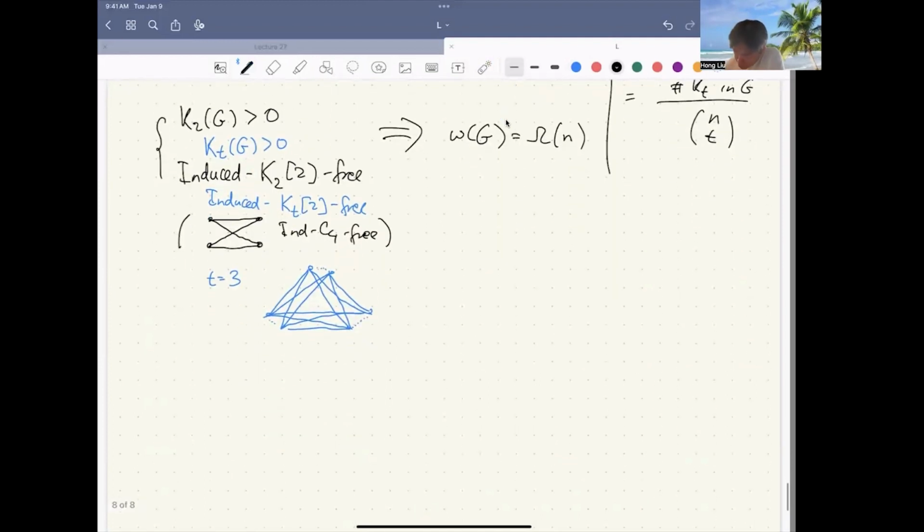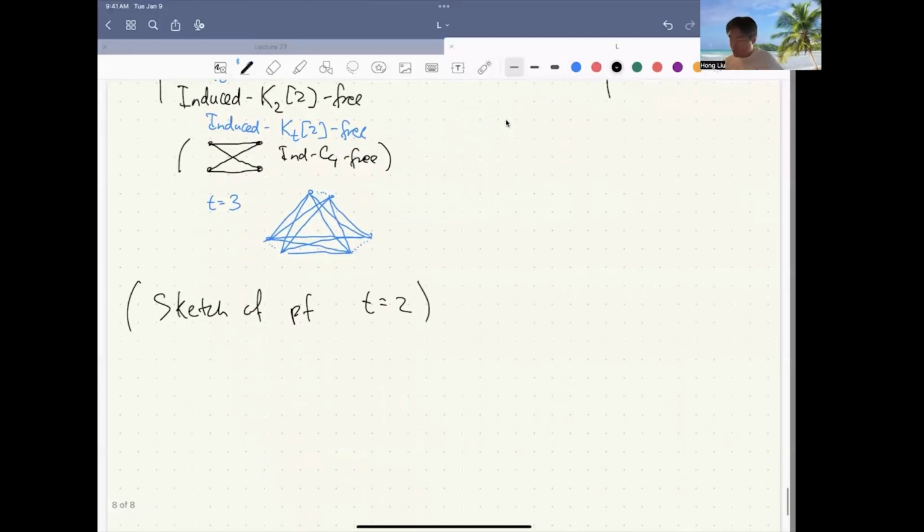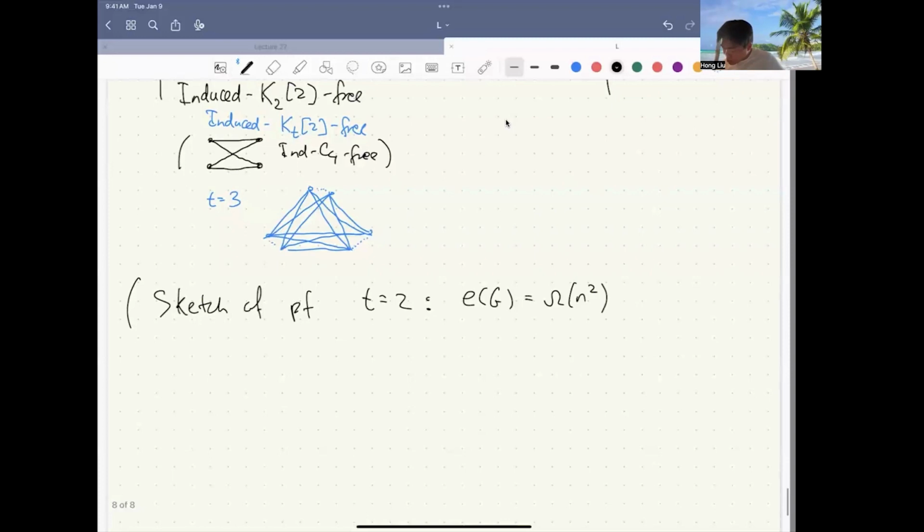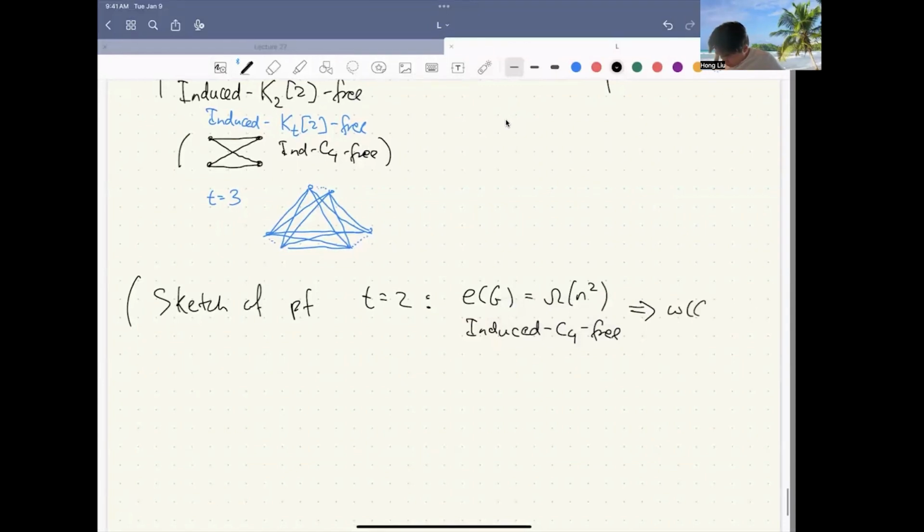I'll just do a sketch of the proof. t equal to 2, i.e., the number of edges of G is c n squared, and you're induced C4 free. You want to prove there exists a clique of size linear in n.